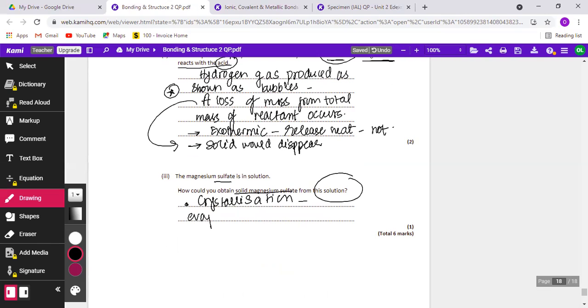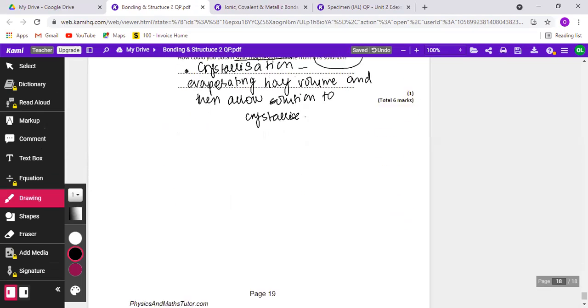By evaporating half the volume until the crystals appear, and then allow the solution to crystallize. That's it.